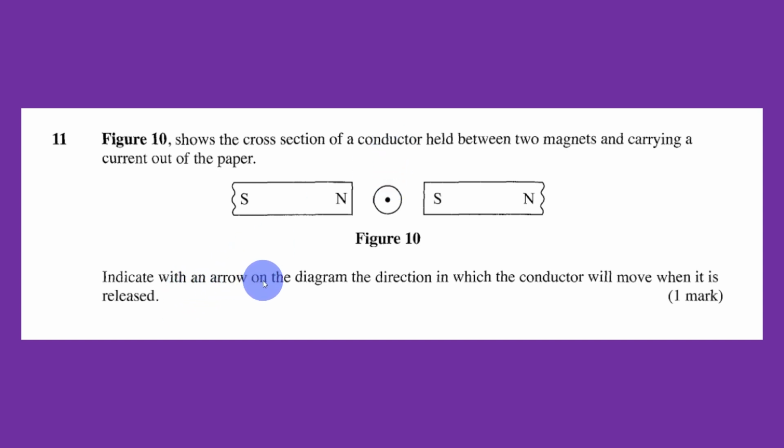So indicate with an arrow on the diagram the direction in which the conductor will move when it is released. So use Fleming's left-hand rule to determine that the force on this conductor will be vertically upwards. And the answer just looks like this. It's just as simple as that for 1 mark.